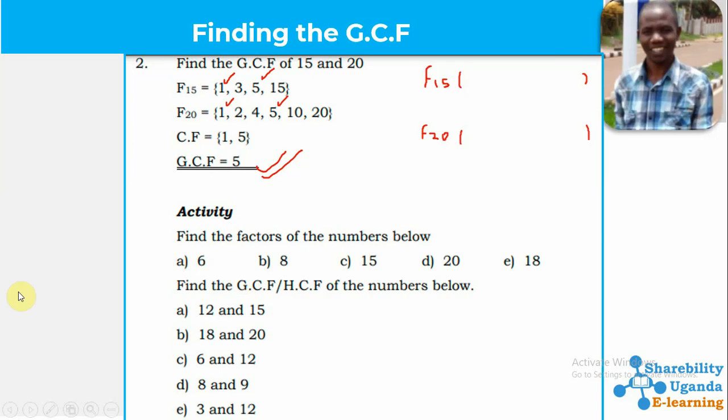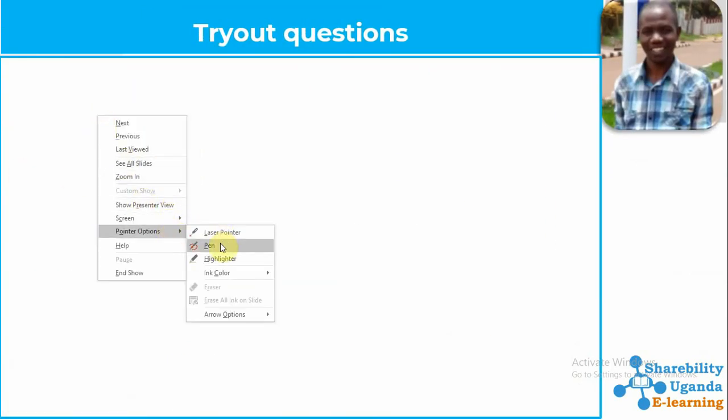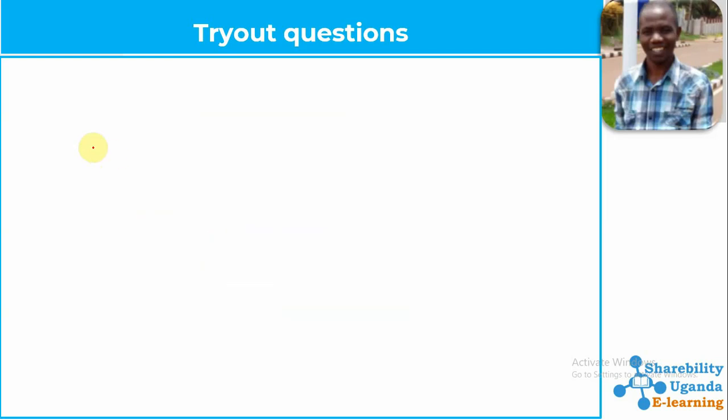Okay, our first question says find the factors of the numbers below. Part A, we have 6. They only want us to find the factors of 6. Let's start with part A. Let's first write the solution.